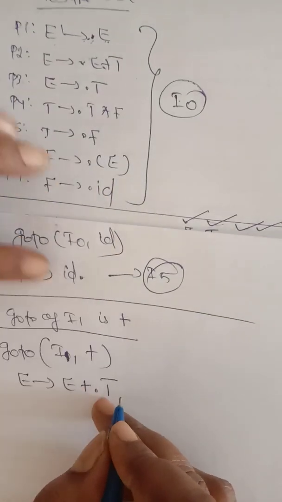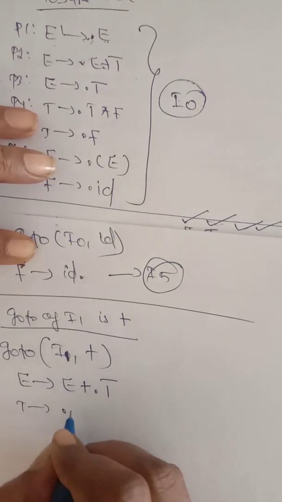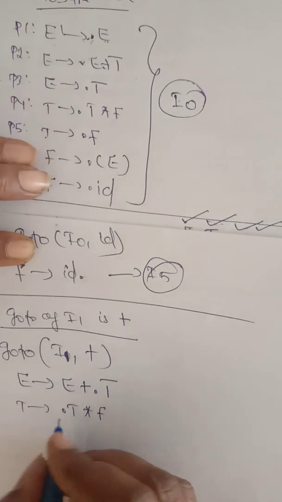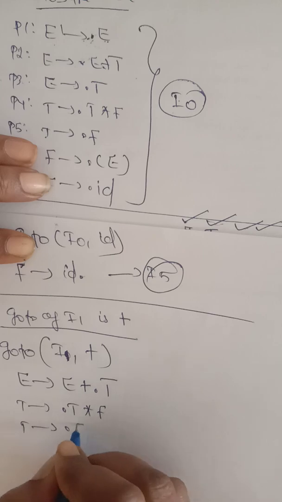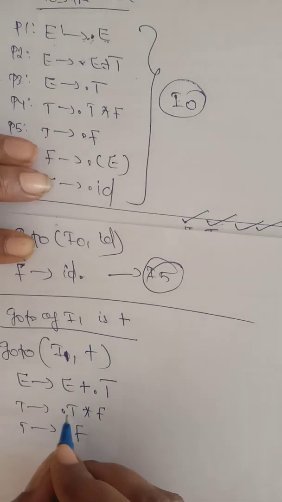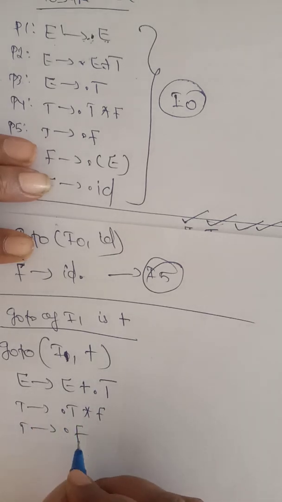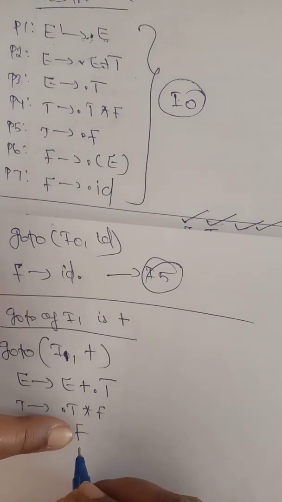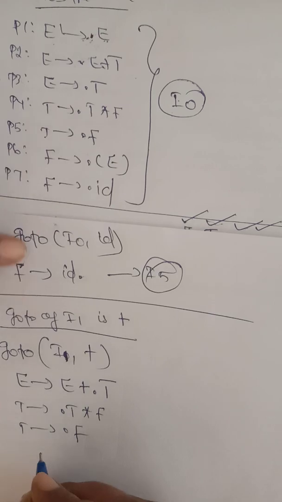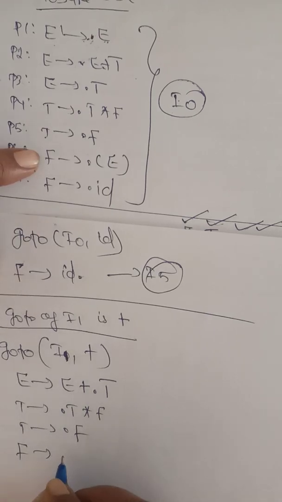So what is T? T comes to dot T star F. Next, T comes to dot F. Then after dot we are having T, and T is already copied. Next, after dot we are having F, so copy the F productions from I0. What are the F productions? F comes to dot open bracket E close bracket.